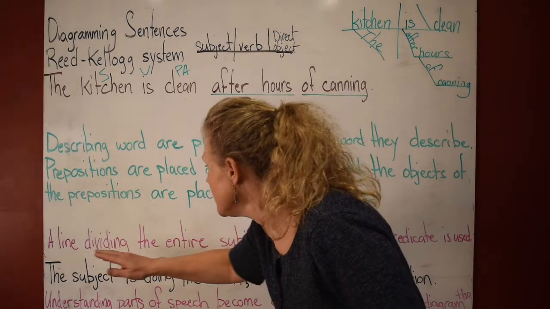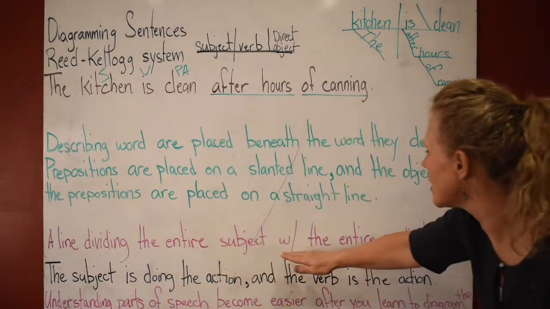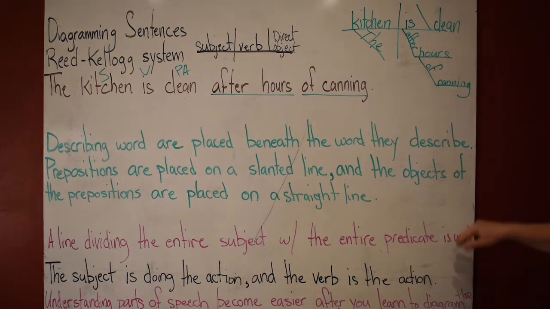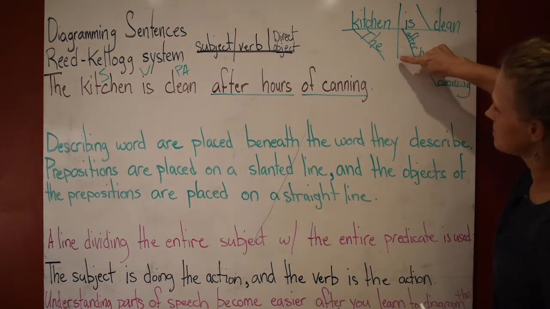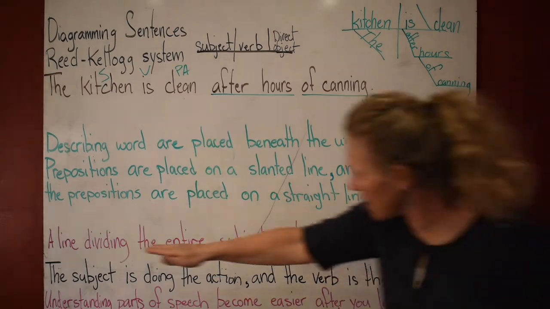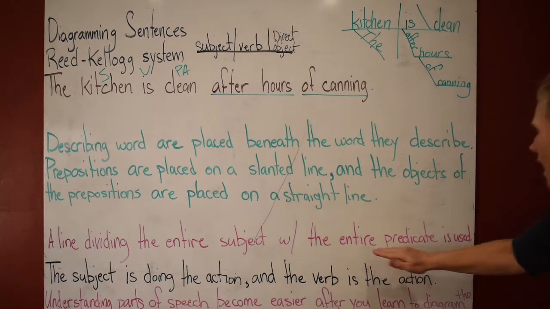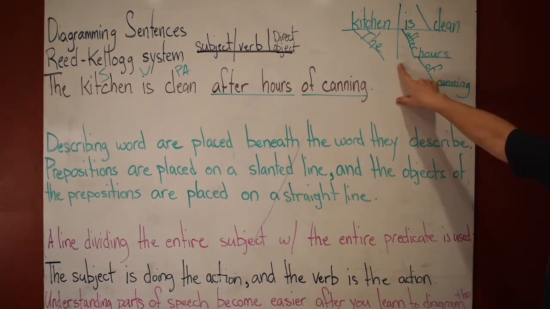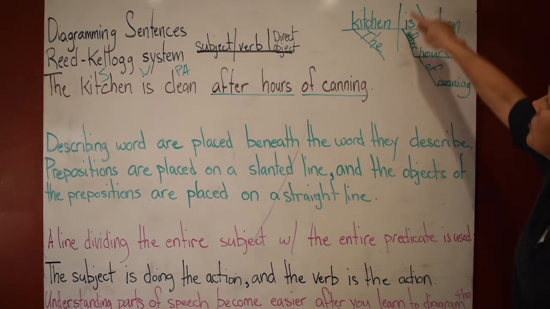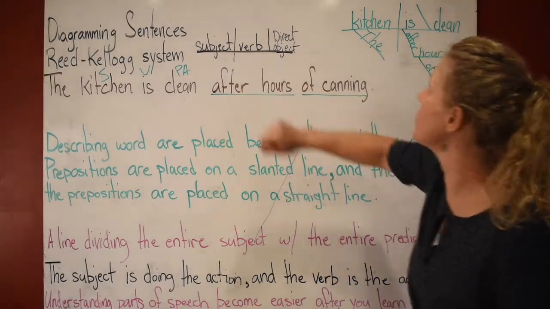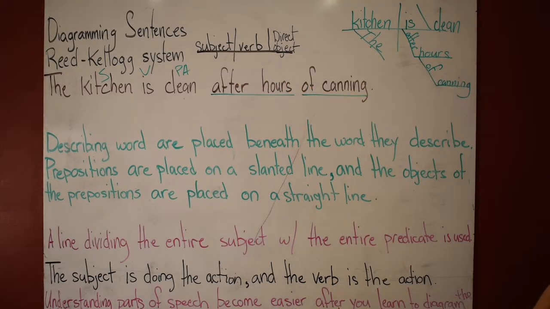A line dividing the entire subject from the entire predicate is used right here. That's the only time you put an entire line straight through it, okay?